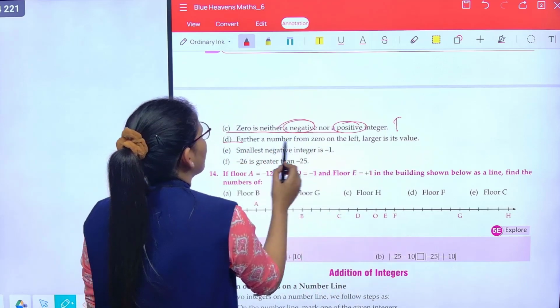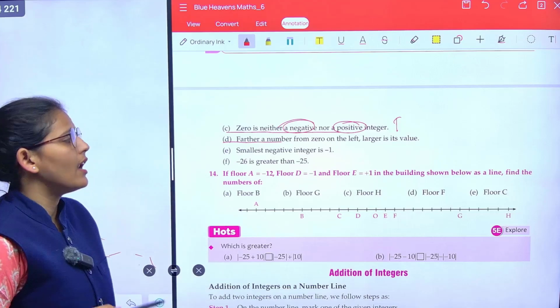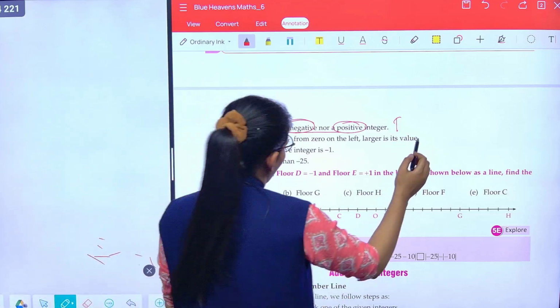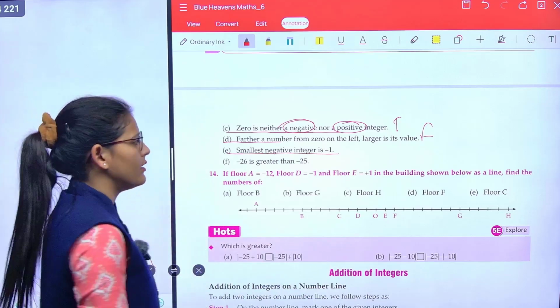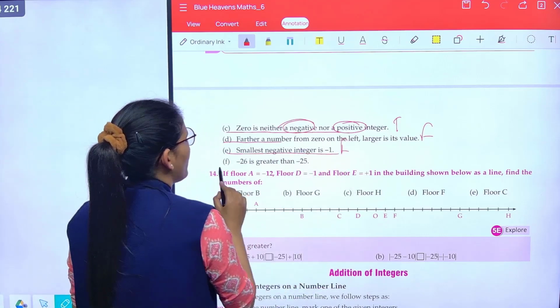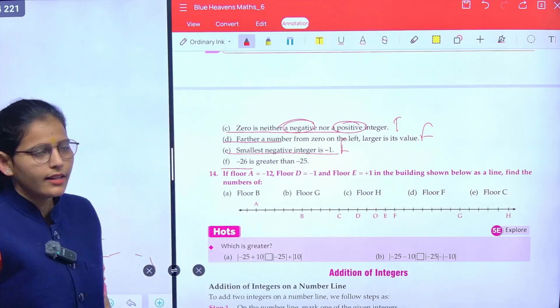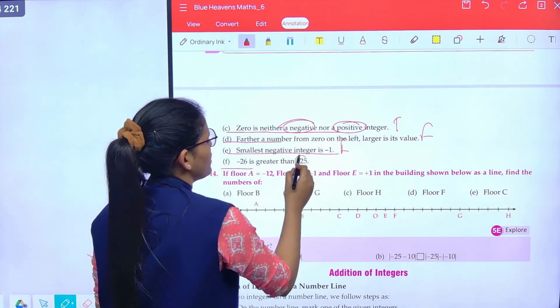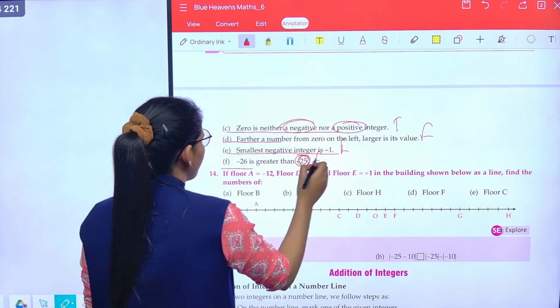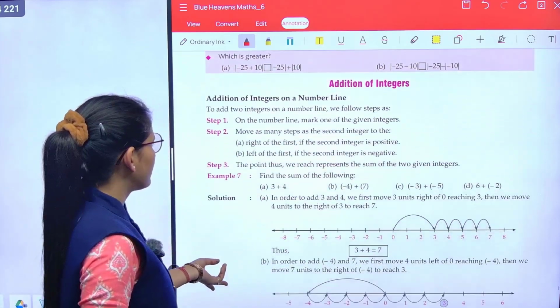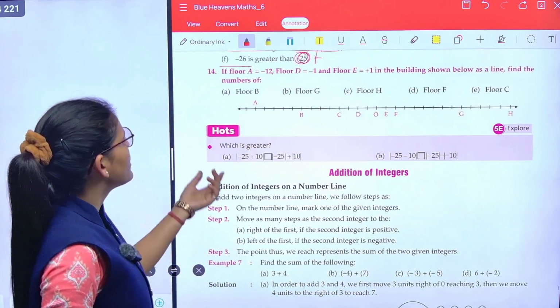Now farther a number from 0 to the left, larger is its value. No class, it is false. Smallest negative integer is -1. False. -26 greater than -25? No. -25 is greater than -26. So it is false. Now class, come on. Rest of the question do yourself.